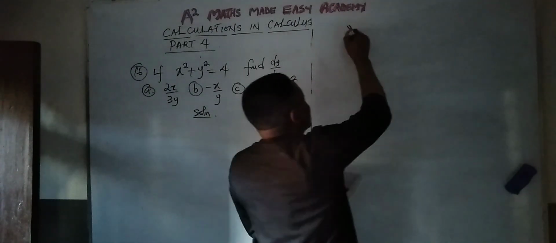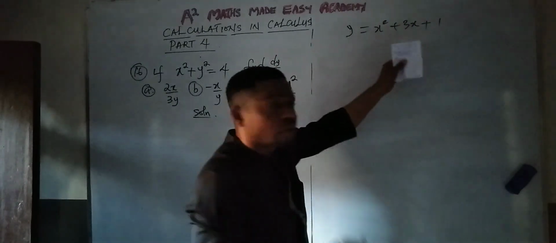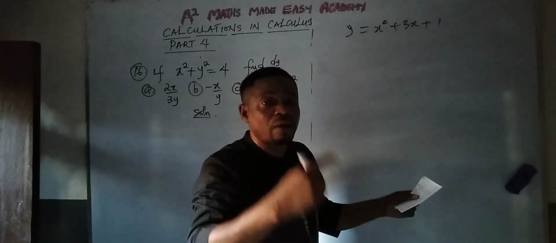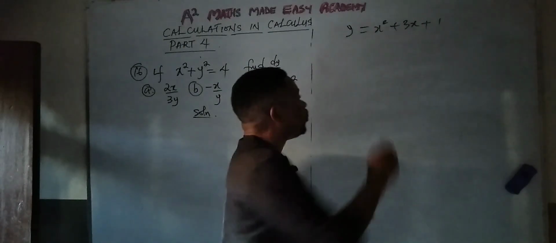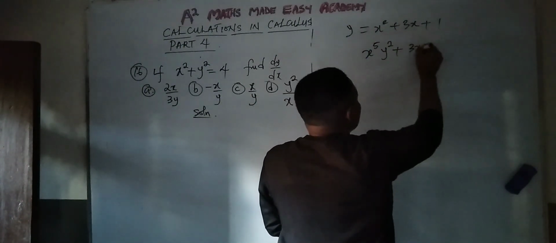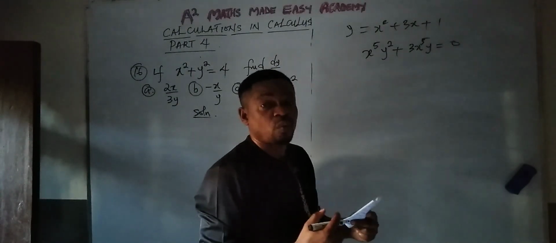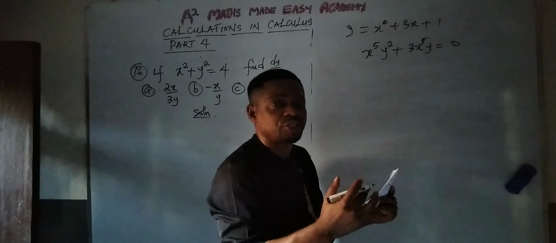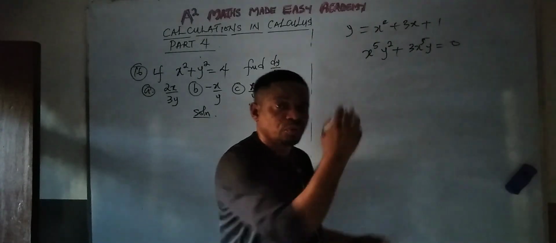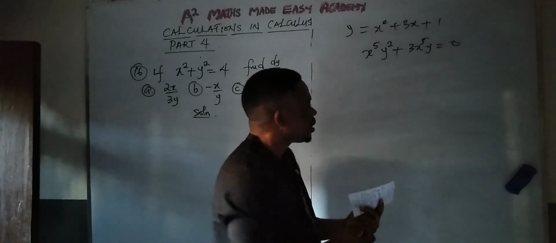But if it is separated in this form, it is no longer implicit, we call it explicit. But if I have something like this, and the question says differentiate this, this is what we call an implicit function. It is a combination of the dependent variable y and the independent variable x.